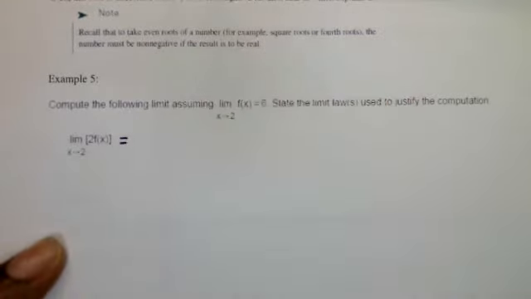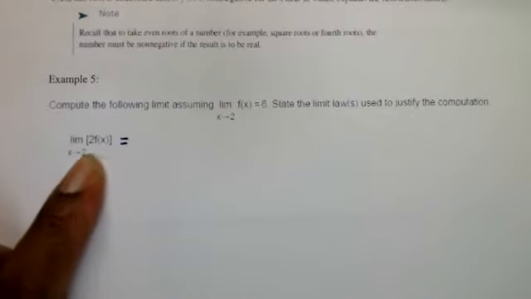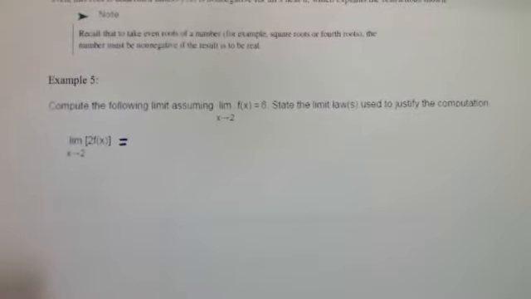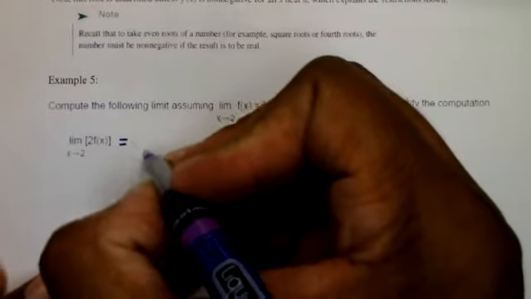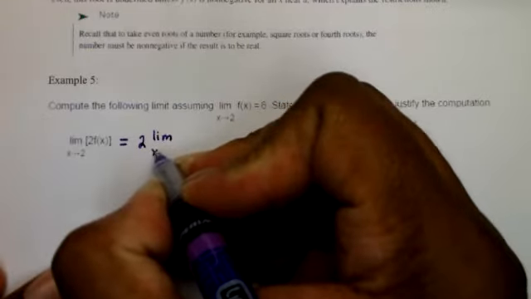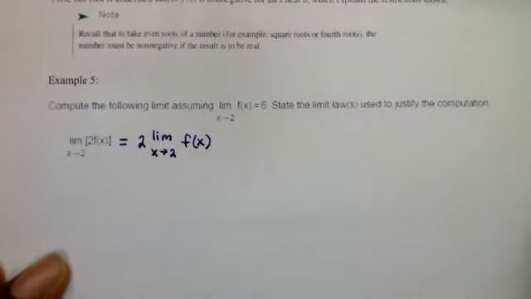Well, notice I got a constant in front of the f of x. What I can do is pull that constant in front of the limit. So here I'm going to be using the constant multiple law for limits. So I have 2 times the limit as x approaches 2 of the function f of x.